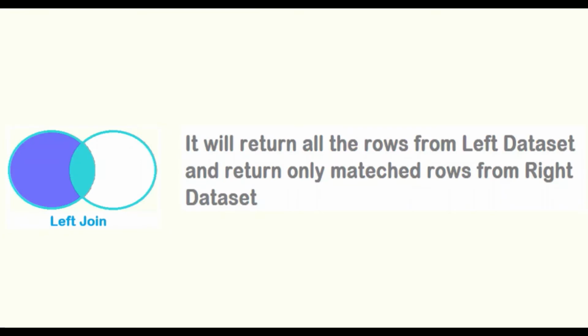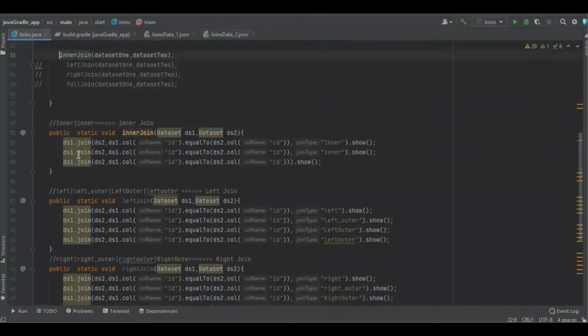When we go with the left join in Spark, it will return all the rows from the left hand side dataset and return only the matched records from the right hand side dataset. Here I'm going to comment out the inner join and uncomment the left join.